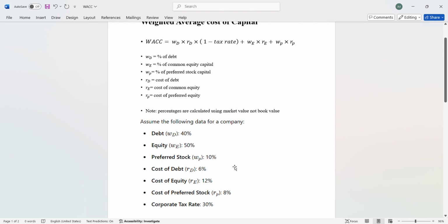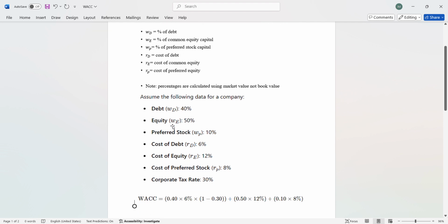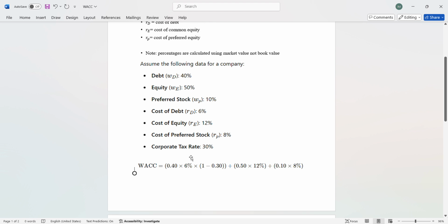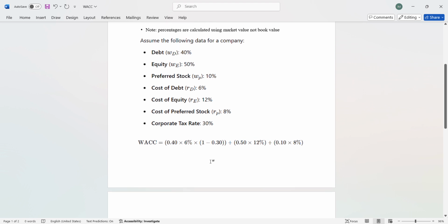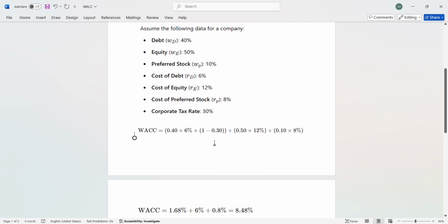So let's look at an example, so it will be clearer. If you have the weight of debt, the cost of debt, the weight of equity and the cost of equity, and the weight of preferred stock and the cost of preferred stock, you just plug the values into the formula. This is just a hypothetical example.